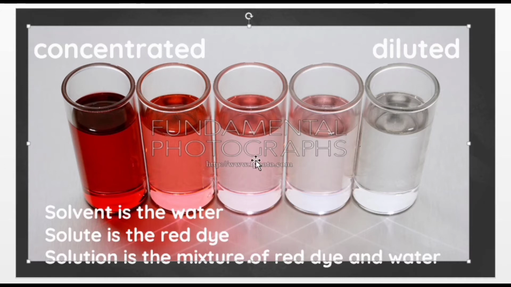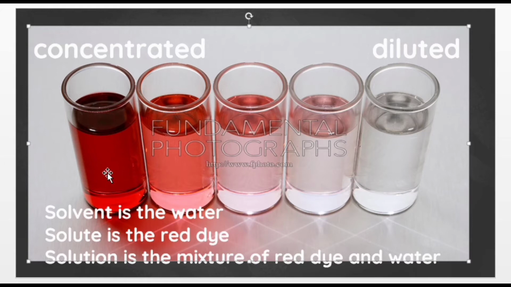And for the middle, it has 3 drops of red dye. And for the fourth, that's 4 drops. And lastly, it has 5 or more red dye nga gimix sa water. Munang mas klaro ang iyang color.